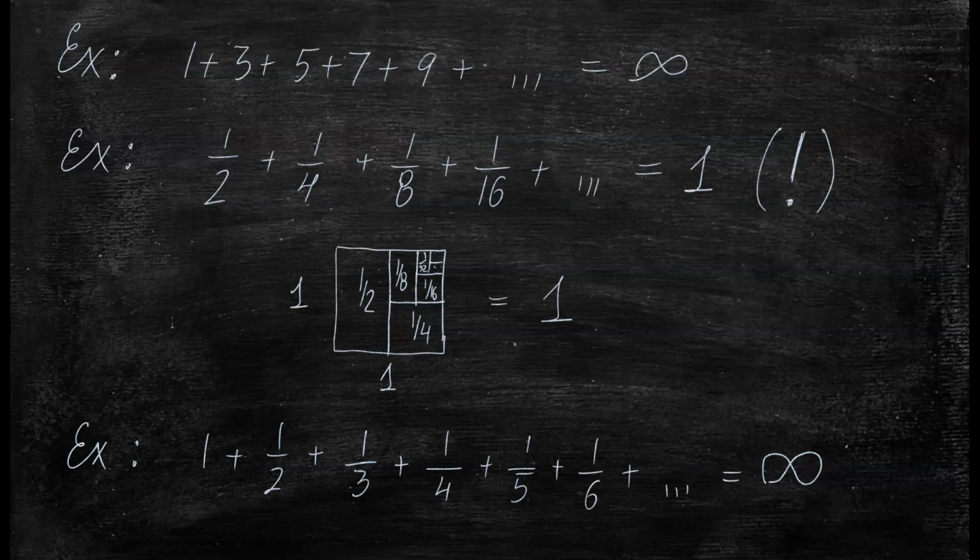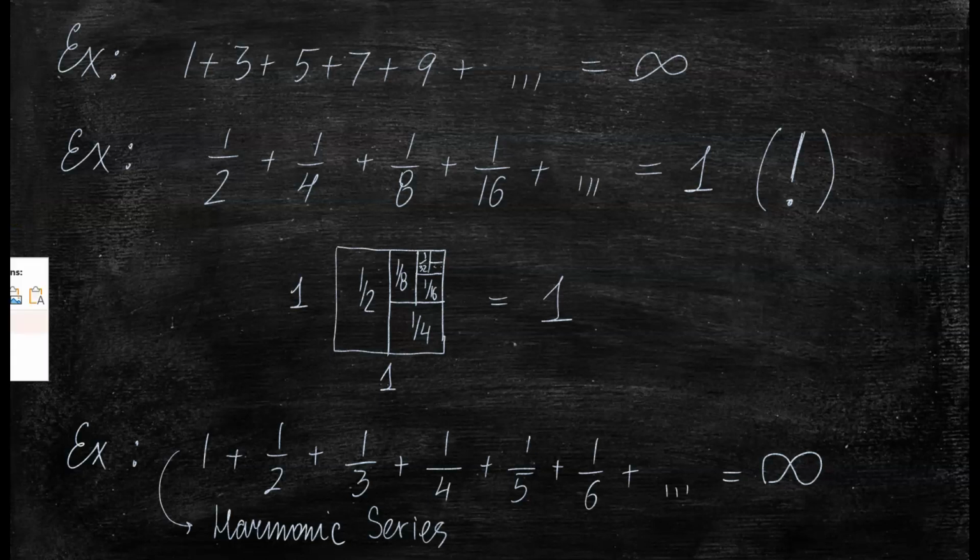However, this specific sum is so special that it has a name. It's called the harmonic series. So one thing that you need to remember is that the sum of the harmonic series is infinity.